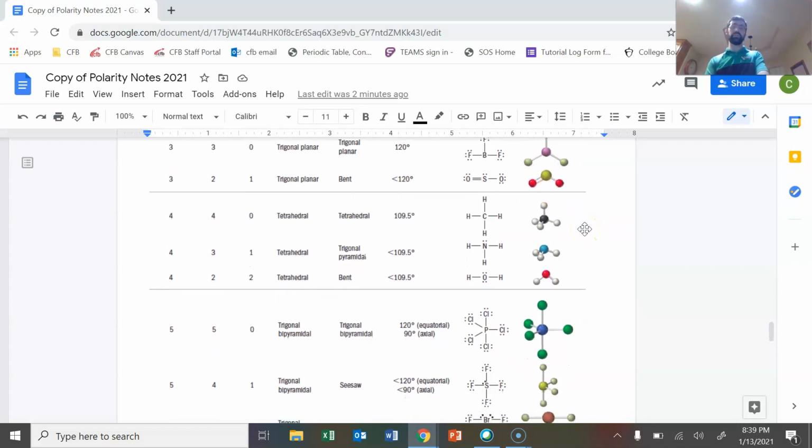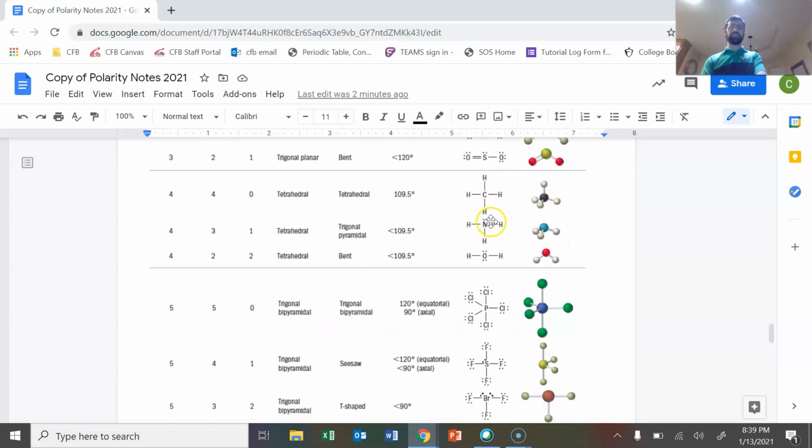That is polar. All right, CH4, those are going to spread out and oppose each other directly because there are no lone pairs on here. This is a nonpolar molecule. On this one, I've got one lone pair that forces these down in a trigonal bipyramidal shape.